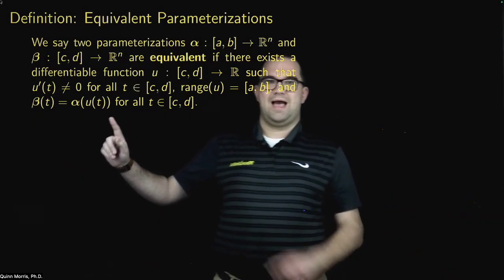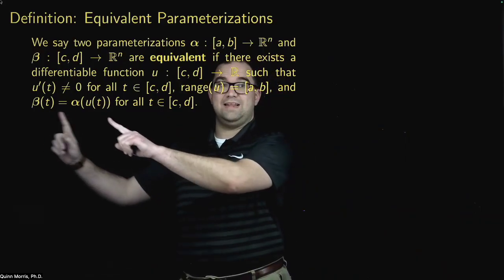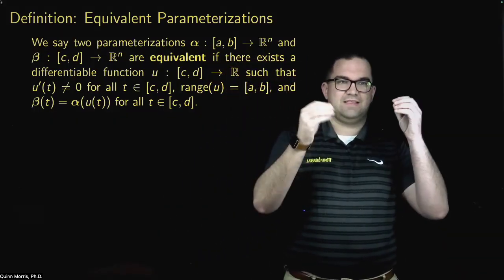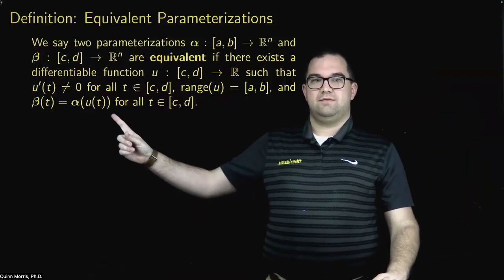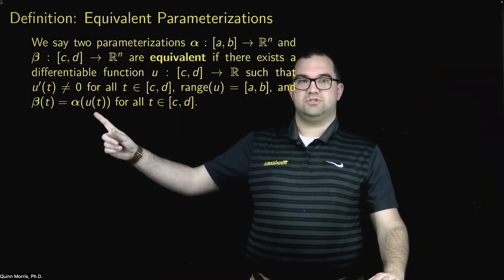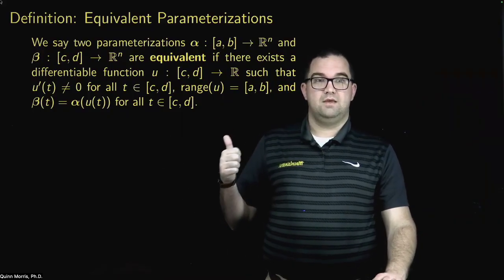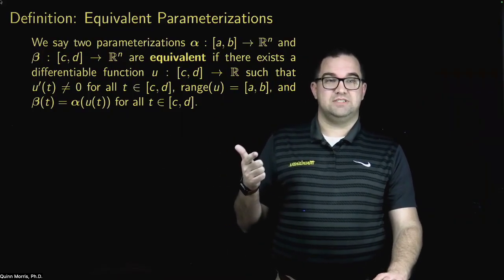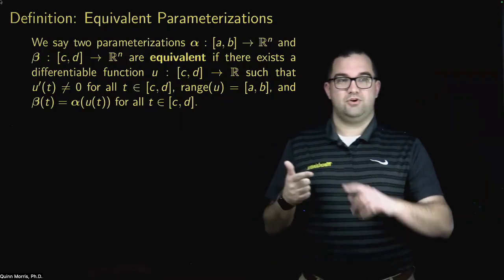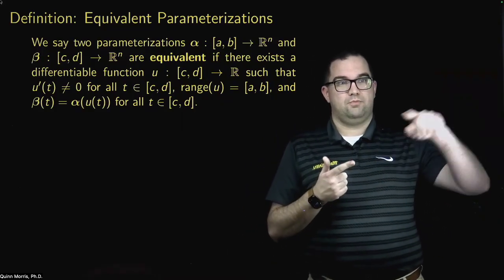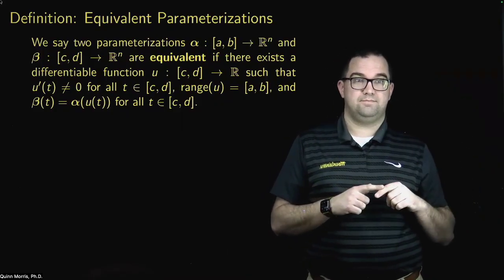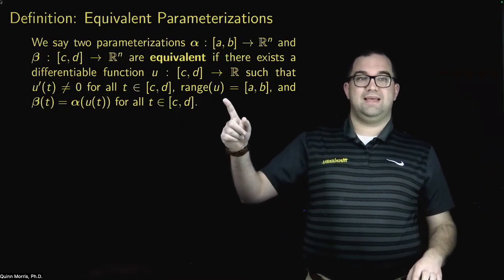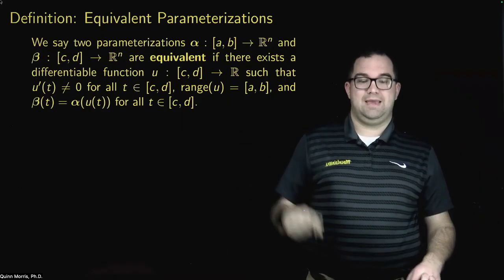It explains how alpha and beta are related to one another, despite the fact that they're mapping from different intervals. And we want to find this change of parameter such that it's differentiable. Its derivative is never 0. Again, that really means that your change of parameters is either always increasing or always decreasing. And you want it to hit every value between A and B.